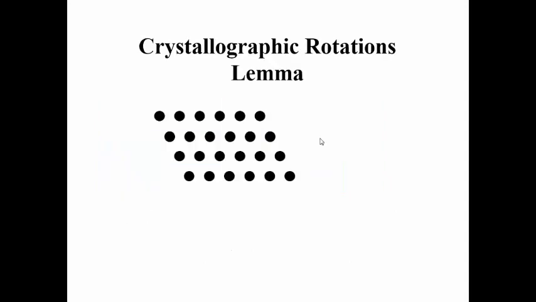Now what we're trying to see is whether there is any limitation on the number of symmetry rotations that are allowed under the condition of periodicity, because that's what we have in crystals. So let's first prove ourselves a little lemma.